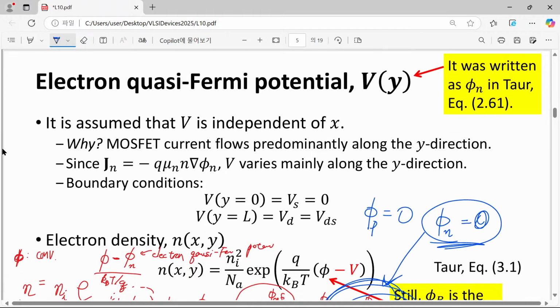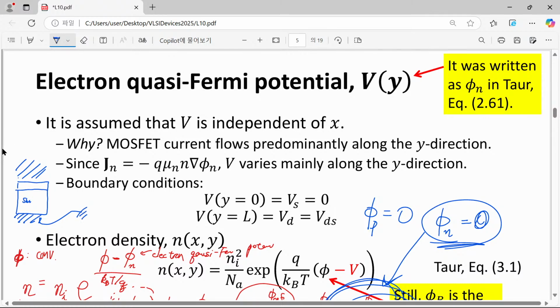Let me draw it once again. The situation is like this: here we have a silicon substrate, here we have oxide, and here we have a gate, and now we have a grounded substrate.